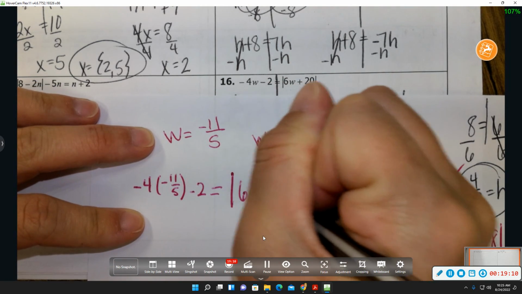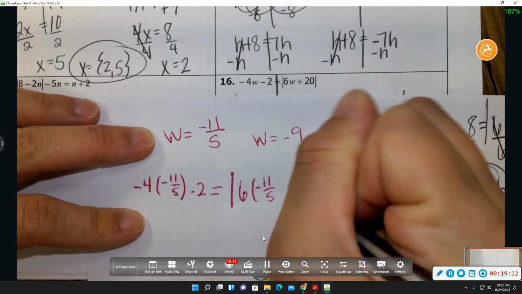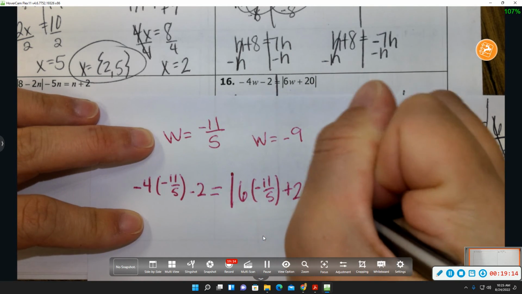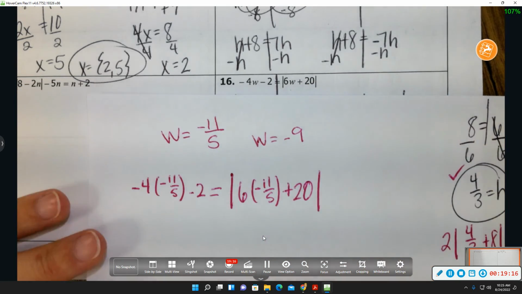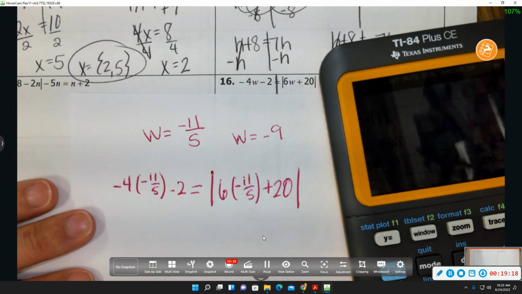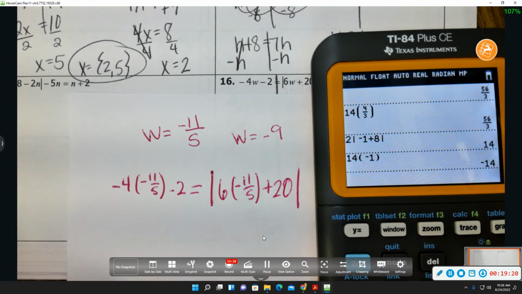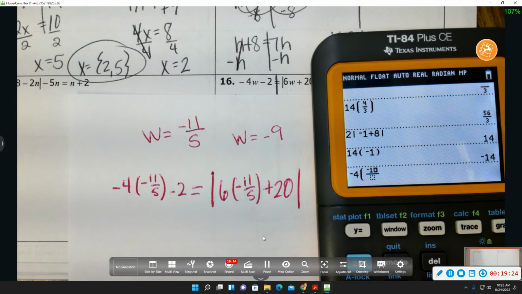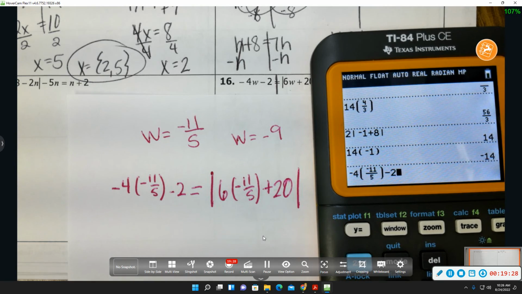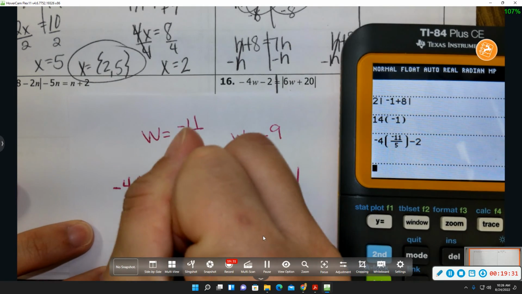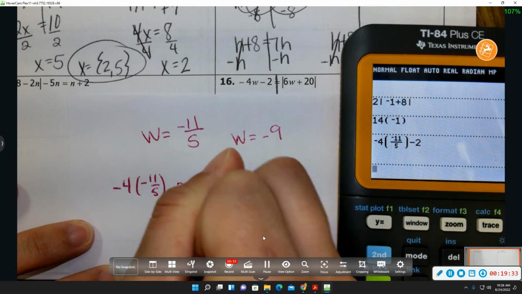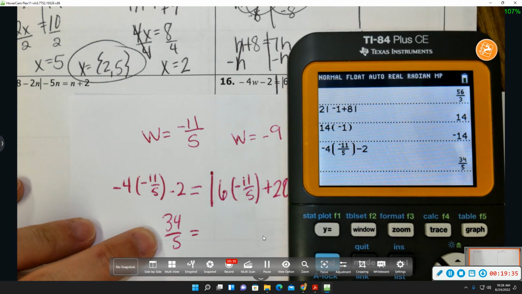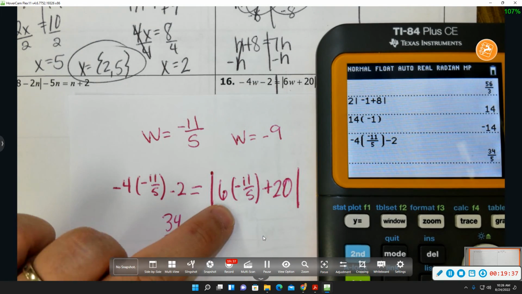So this would be 6 times -11/5 plus 20. And then you type that in your calculator. And I got 34/5. And then I have to type it in over here.